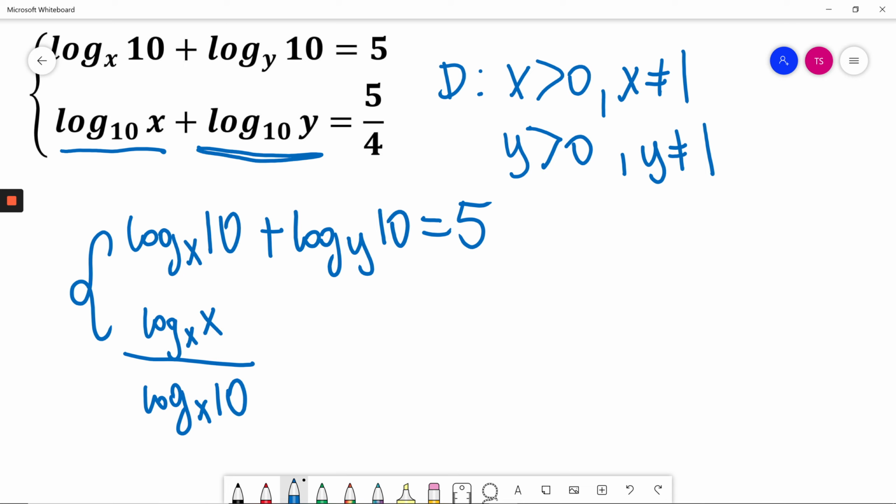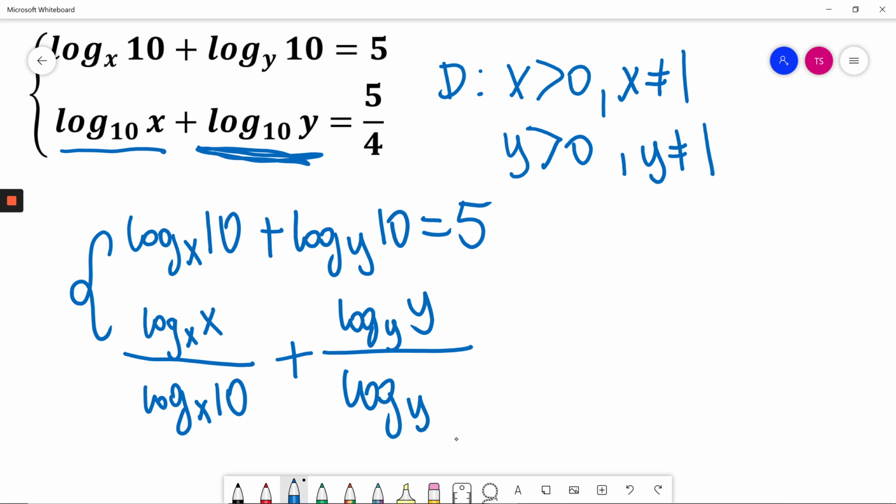Similarly, I will change the base of log here. I will write it as log with base y of y divided by log with base y of 10. This is equal to 5/4.